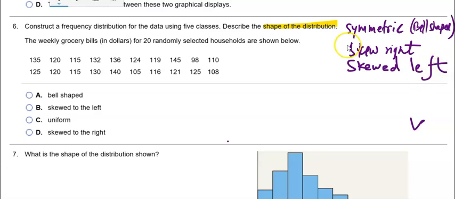Now we have to see, by making a frequency distribution table, which distribution the data is: symmetric, skewed right, or skewed left.